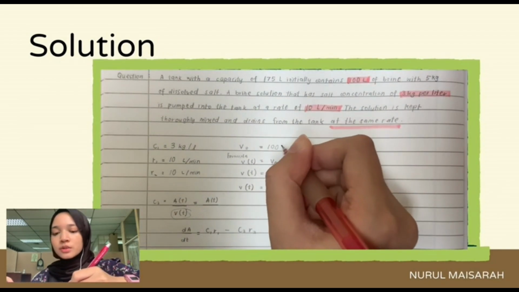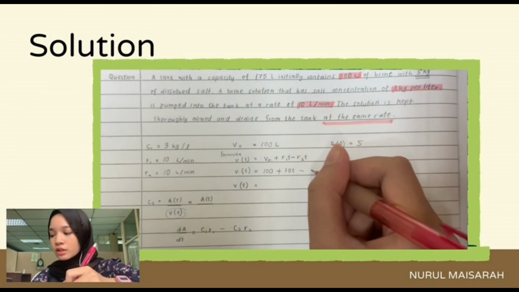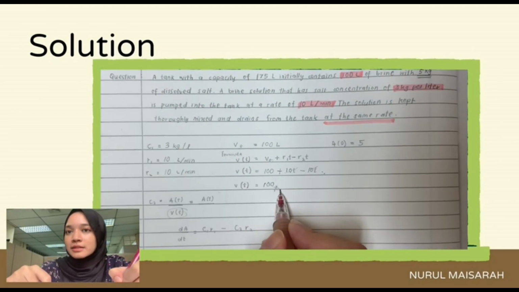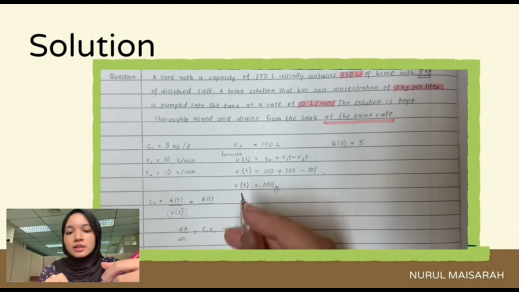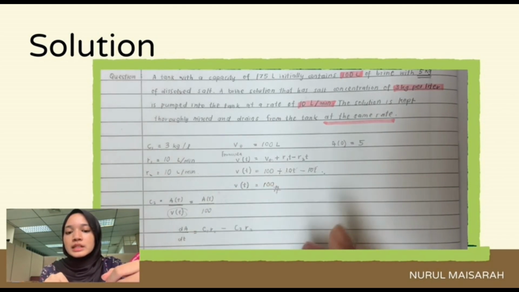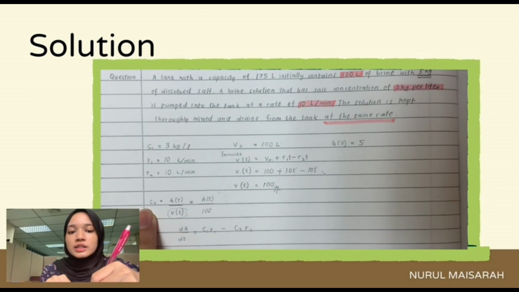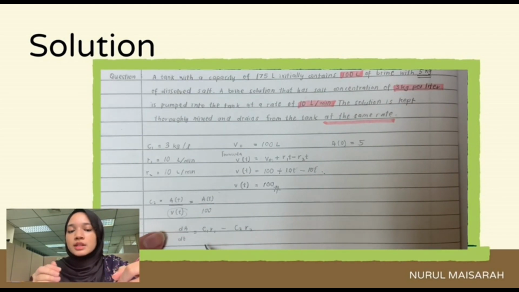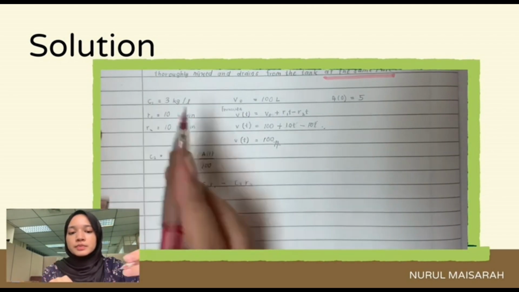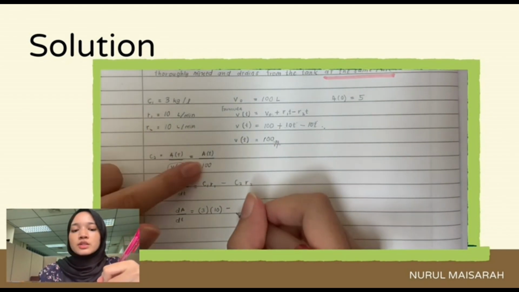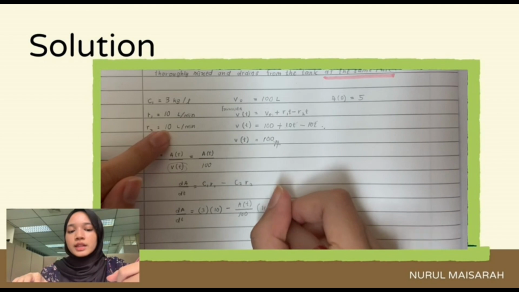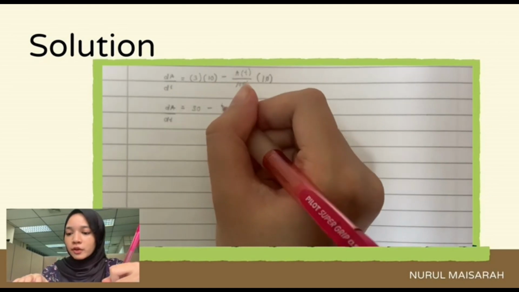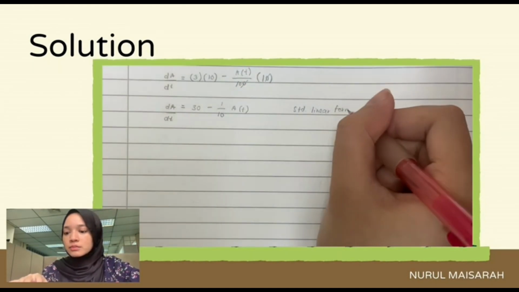So substitute all the elements into the formula, and then we get V(t). Then substitute V(t) into the C2 formula to get C2. Now that we already have C2, we can substitute into the model and formula. Then solve the equation and write it in the linear standard form. This is the linear standard form.